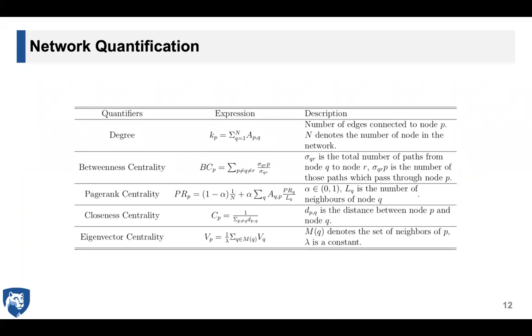The closeness centrality is calculated as the reciprocal of the sum of the shortest paths between the node and all the other nodes in the network. So the node with larger closeness centrality is closer to other nodes and indicates a stronger recurrence pattern.